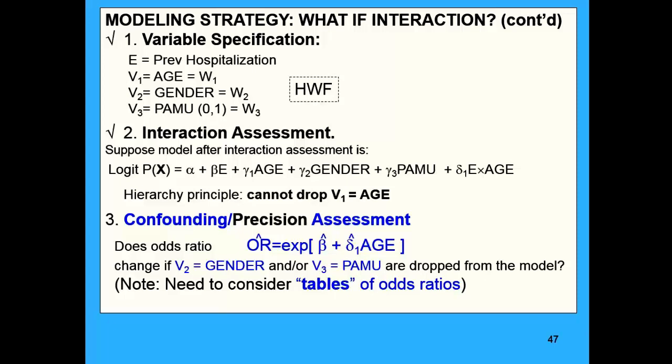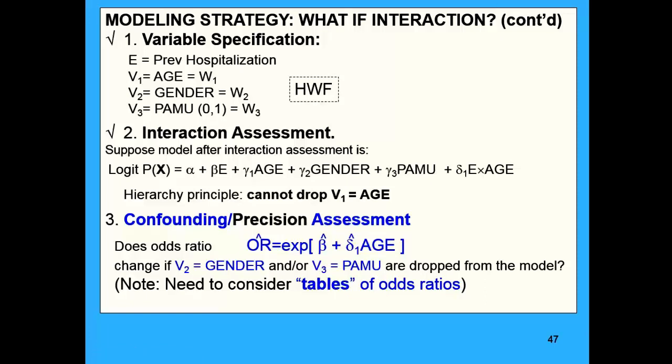So if you want to ask the question, is there confounding? Well, first of all, you can't drop age, because age has got to stay in the model. It's an effect modifier. The only two variables you can consider dropping are gender and PAMU. That's what we did at the end of the class last time. I'm just trying to go over it fairly fast.